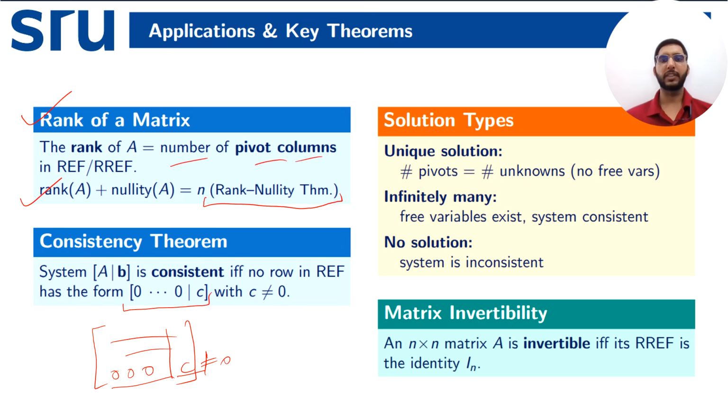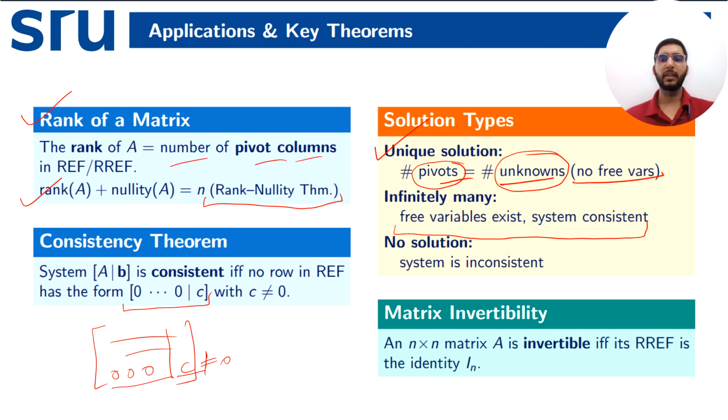Then we have another application: unique solutions will be there only when the number of pivots is equal to the number of unknowns, no free variables. So it's very important. If there are three pivot entries and the number of unknowns is also three, we'll get a unique solution. If free variables exist, then we get infinitely many solutions.